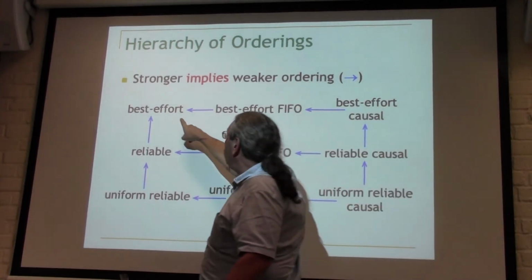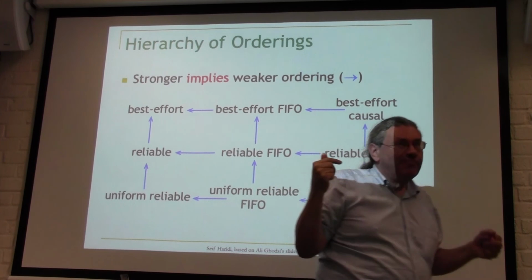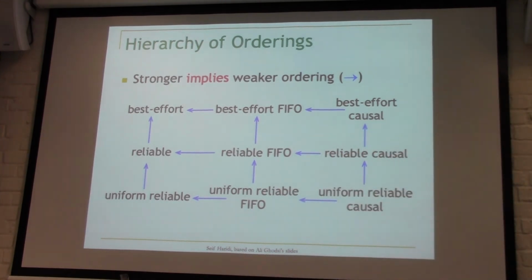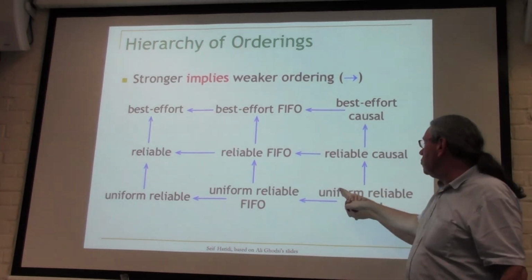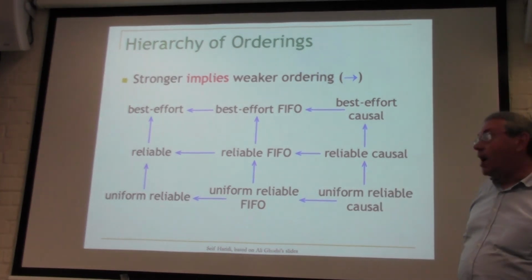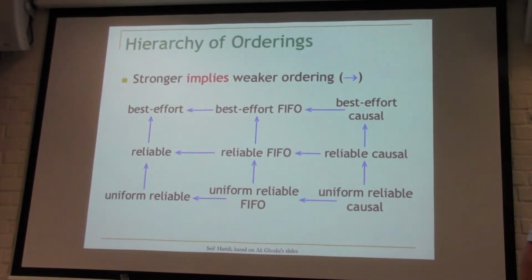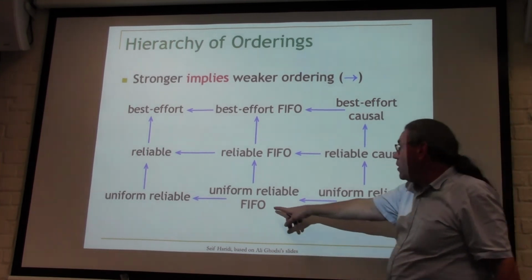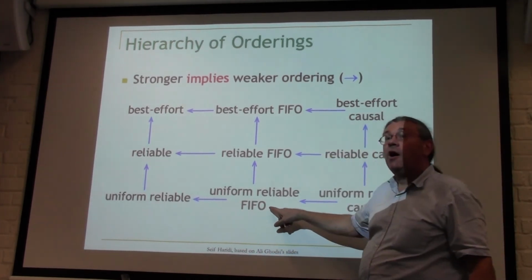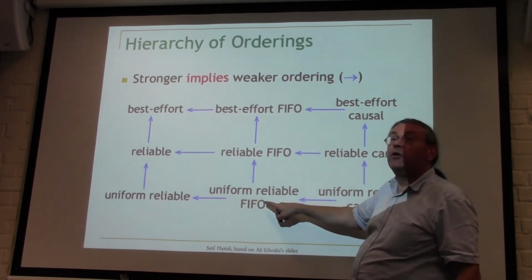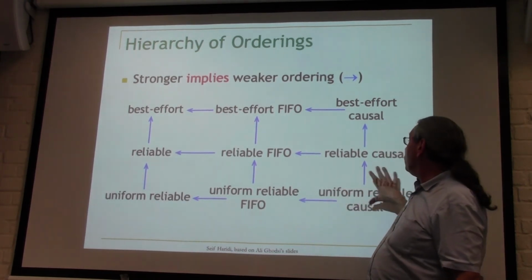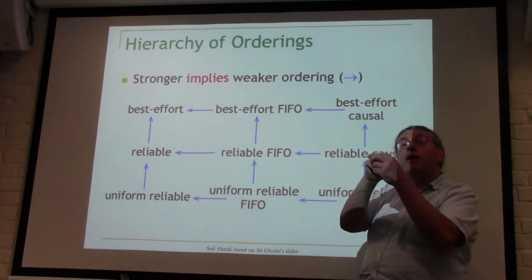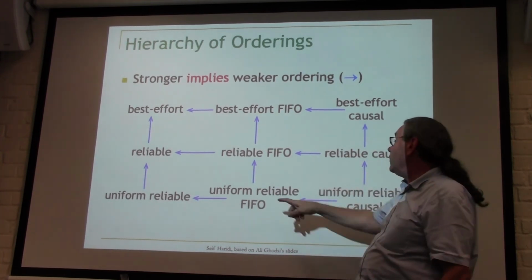The weakest is best effort, which is not satisfying very much. The strongest one is uniform reliable causal. I haven't actually shown it, but if you replace the reliable broadcast by uniform here, you will get uniform reliable causal. And FIFO is very similar to causal, except it's weaker. You don't have to manage all causality, just the FIFO property, which is a subset of causality.